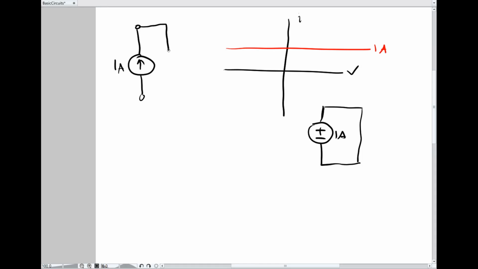I'll explain why later. So to make it make sense in itself, you have to close the loop. But it's okay to draw an independent current source just by itself. You just want to indicate the component. But there's something bothersome about looking at it just by itself. And we'll get to why later. Well, we're actually going to get to why now. Because what if we connect two independent current sources in parallel?